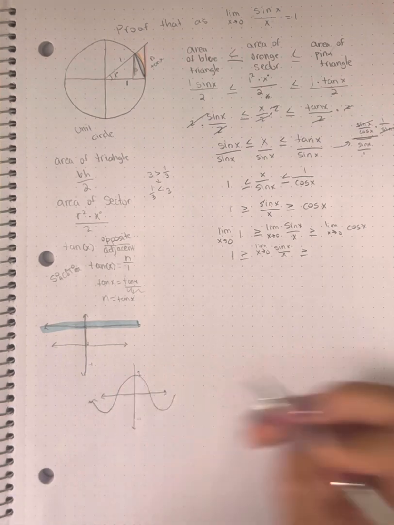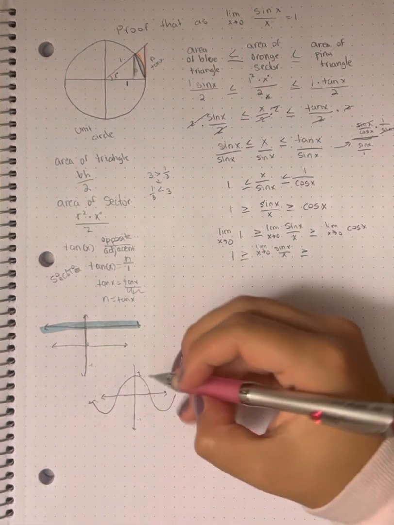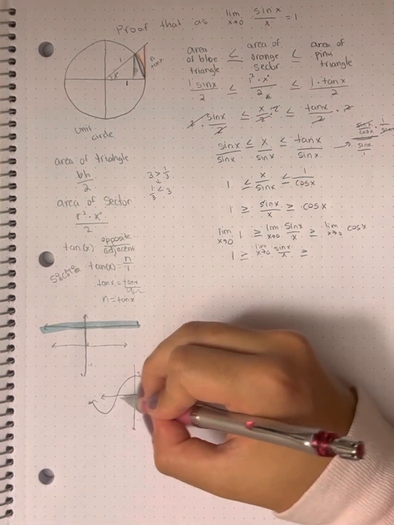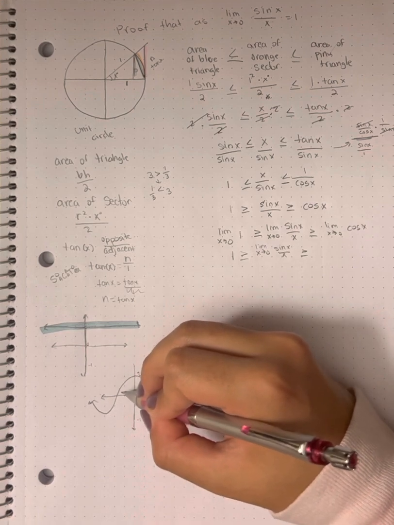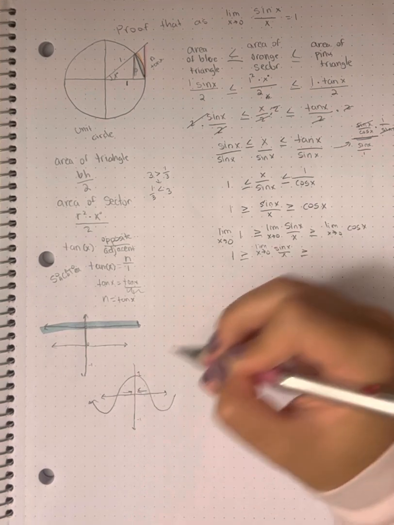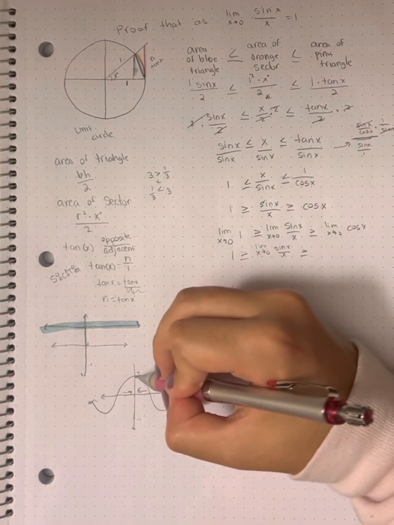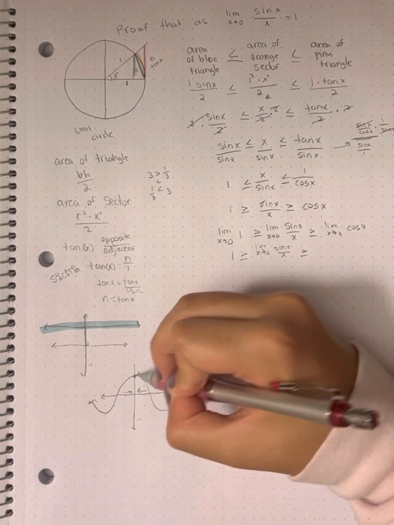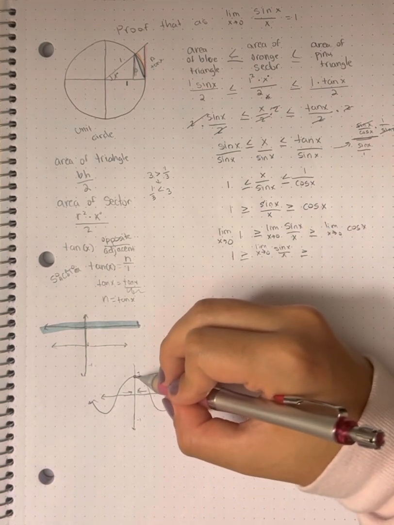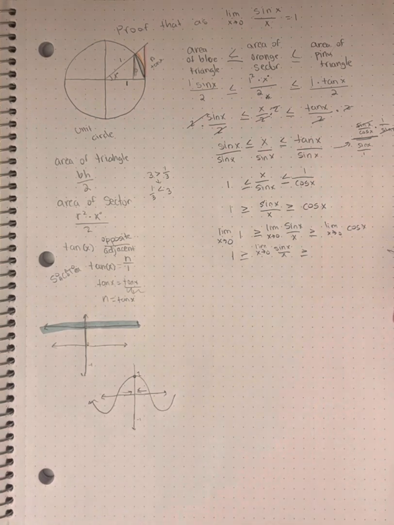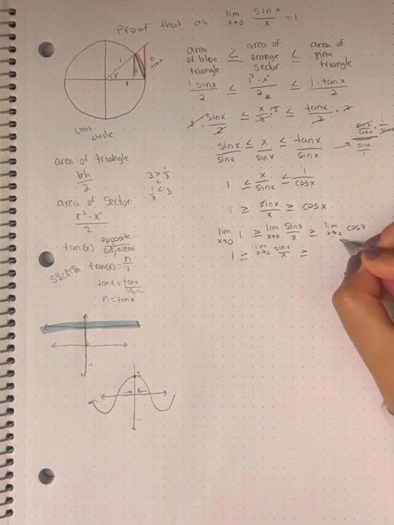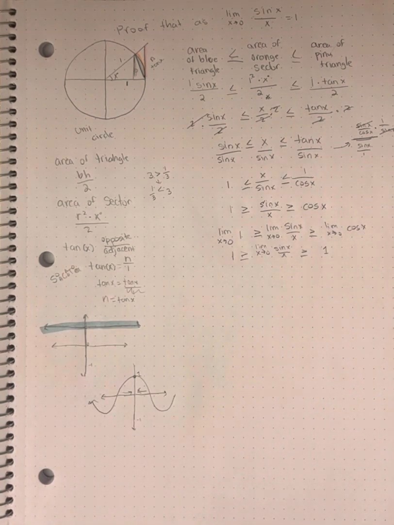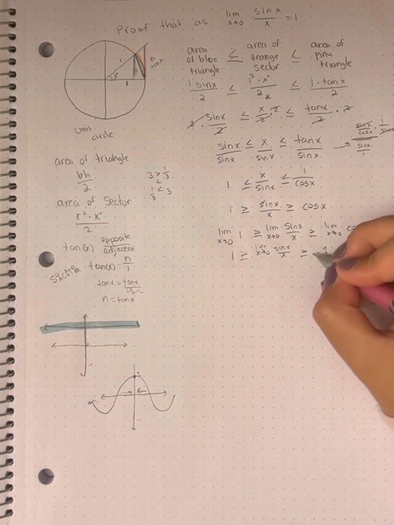We know that as x approaches 0 from both sides, as it's going this way and this way, our y value is approaching the y value of 1. So this limit is also going to be positive 1, right?